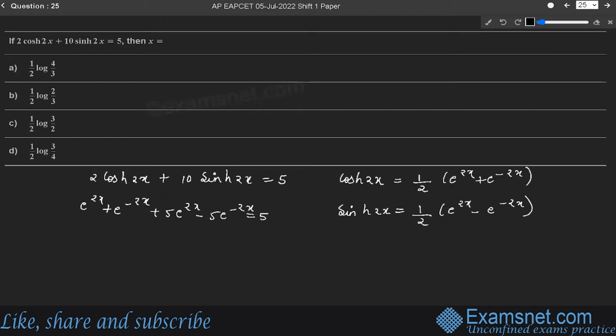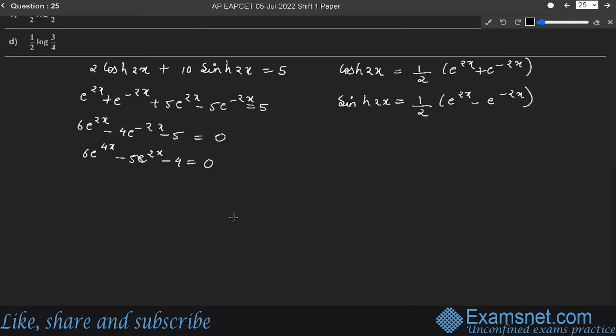It can be written as 6e^(2x) − 4e^(−2x) − 5 = 0, or it can also be written as 6e^(4x) − 5e^(2x) − 4 = 0. Now let the terms of e be x. So if the terms of e are considered x, then the equation becomes 6x² − 5x − 4 = 0.